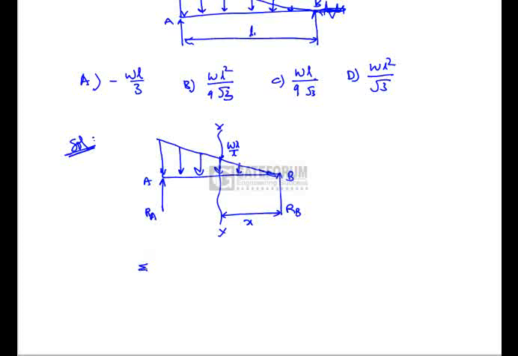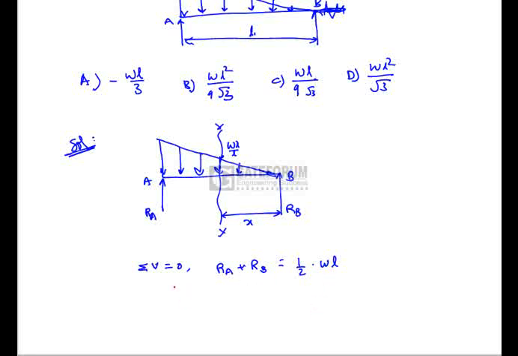For that purpose we will have to use the algebraic equation, that is sigma V is equal to 0, or the sum of all vertical forces is equal to 0. Here we have two upward forces RA and RB and one downward force, that is the uniformly varying load. So RA plus RB is equal to the total load due to UVL, which is half into W into L. This is the total load and it is a downward force.